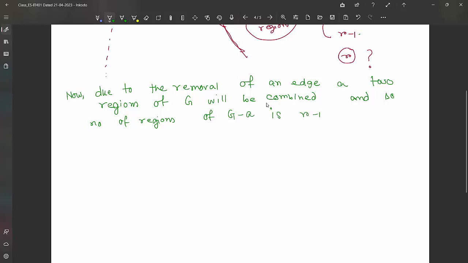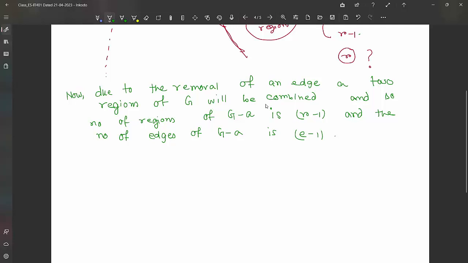R minus 1, and the number of edges of this graph G minus A is what? E minus 1. E minus 1.